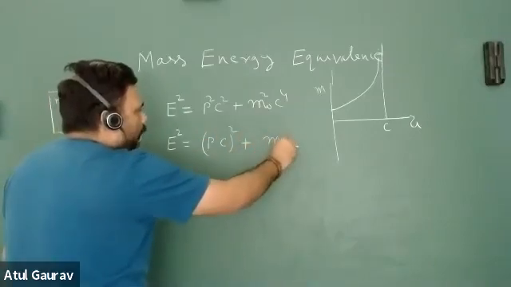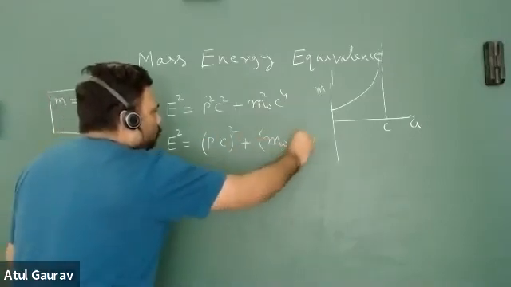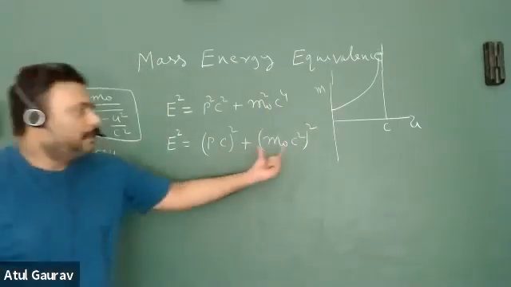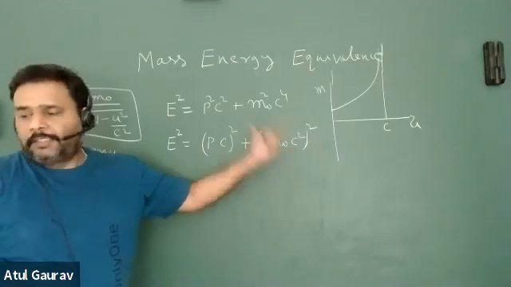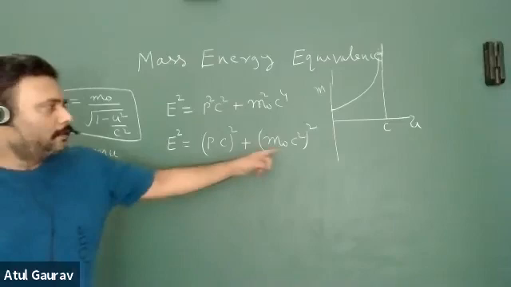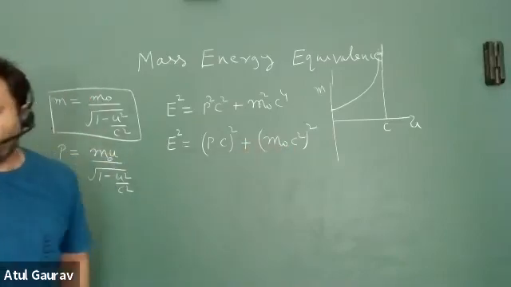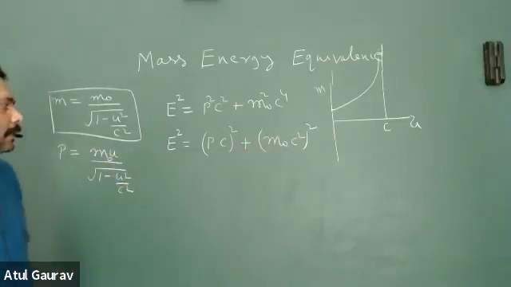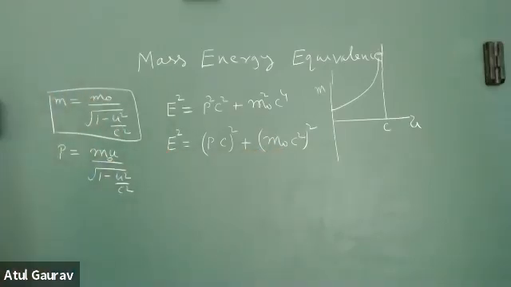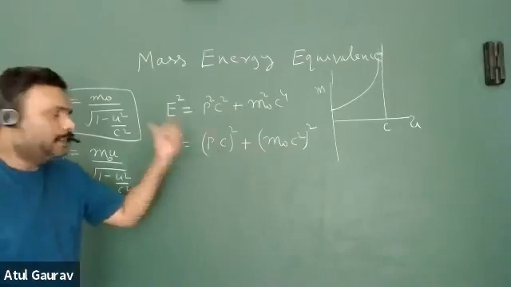And this term is m naught c square whole square, which is the rest mass energy square. So this is total energy, and this is rest mass energy. If I ask you, what is PC?